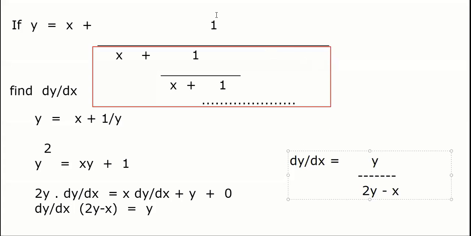Before I solve the question, I'll explain one concept. Suppose this is a function y with respect to x, so we differentiate with dy by dx. If we can write y and x both in the form of another variable, say t, so y is a function of t and x is a function of t, then dy by dx can be found as dy by dt over dx by dt.